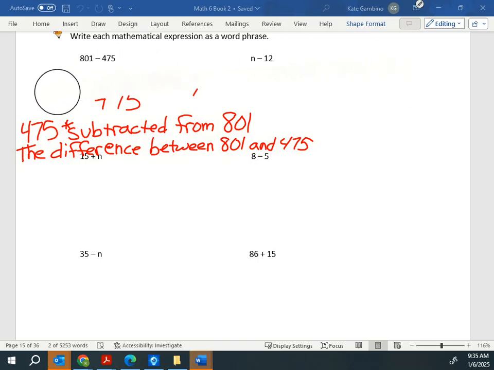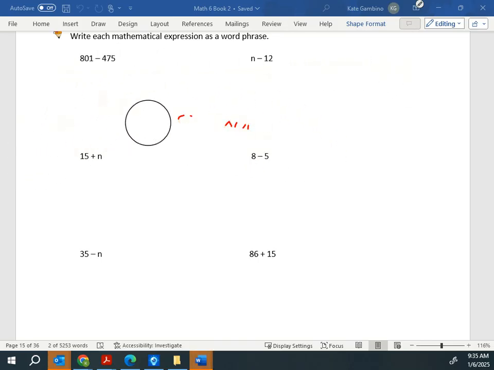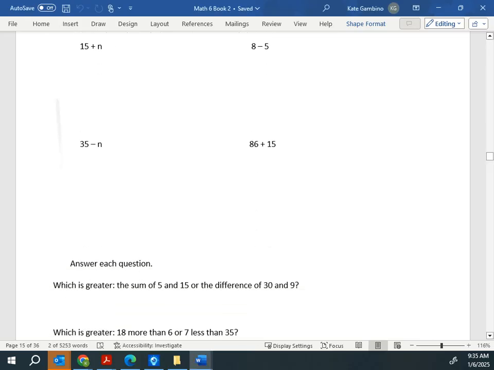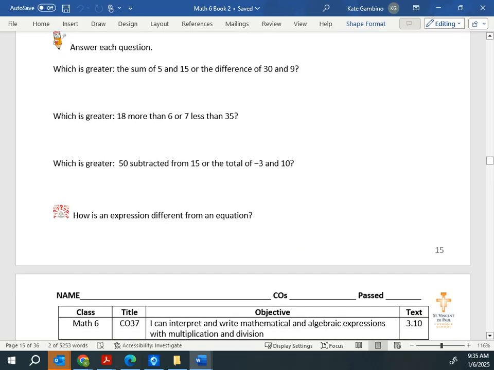Let's look at the bottom of our page. Now it says answer each question. Which is greater, the sum of 5 and 15 or the difference of 30 and 9? So now we're going to actually figure out what the expression is, do the math, and then tell me which one it is. So the sum of 5 and 15, what would that be?